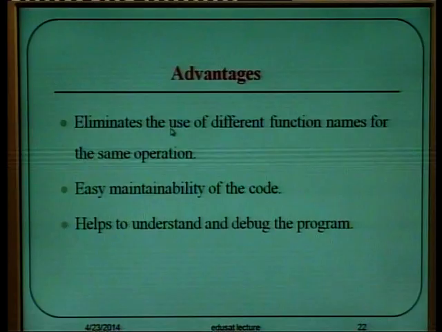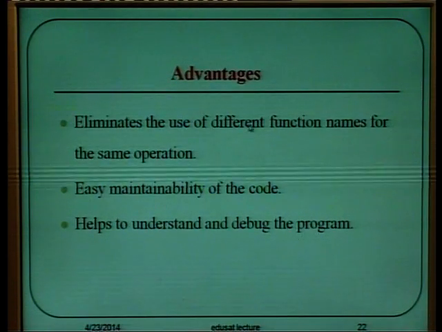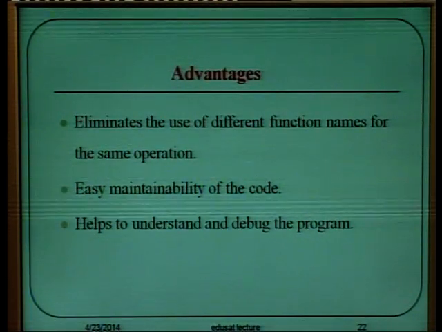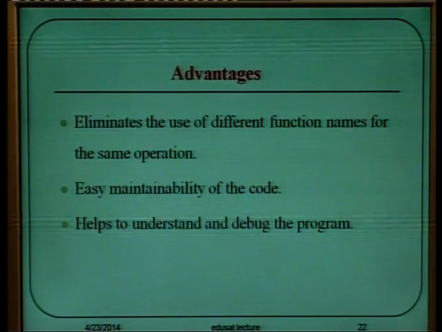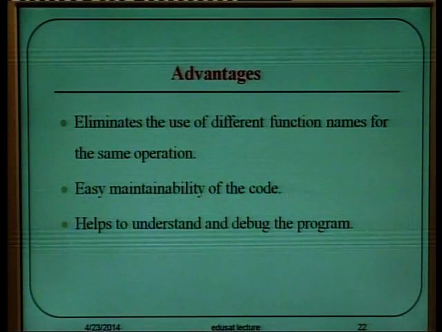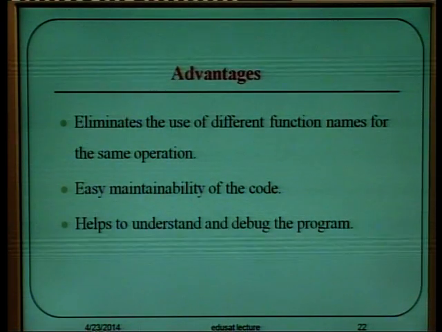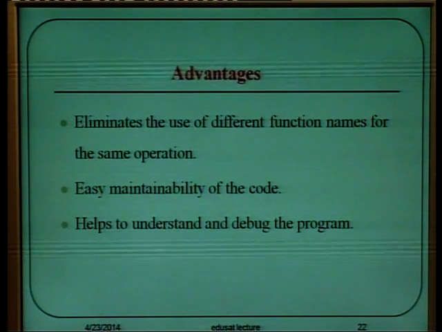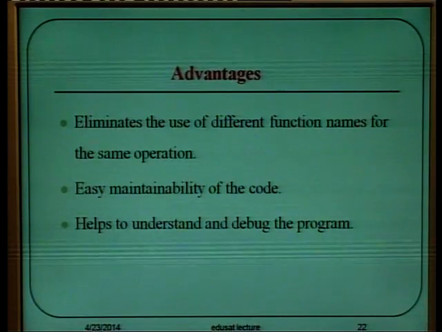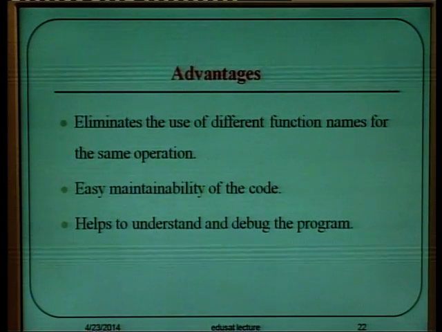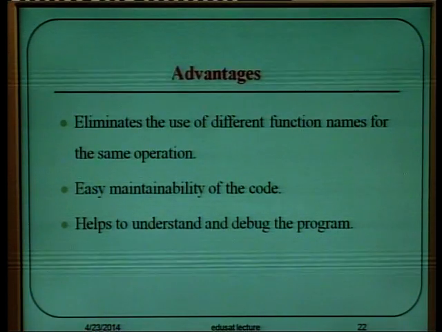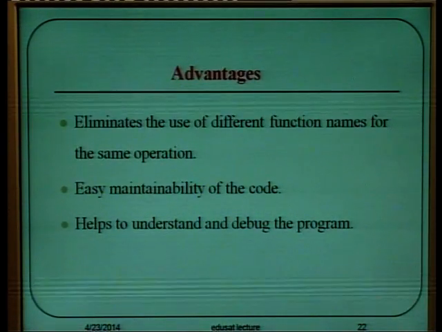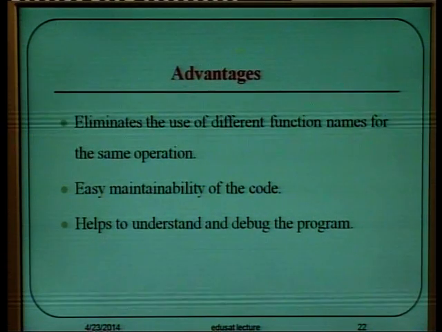Advantages of function overloading: it eliminates the use of different function names for the same operation. If we are performing the same operations in different sections, like shape operations in a class, where shapes are of different types, we perform the same function, and the name of the function is the same, but we perform different implementations. So the name is the same, but the implementation, the interior part, is different.